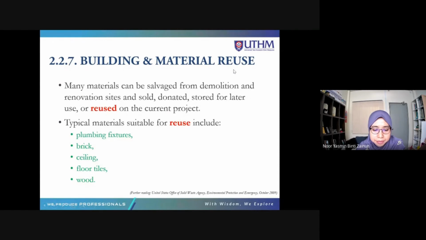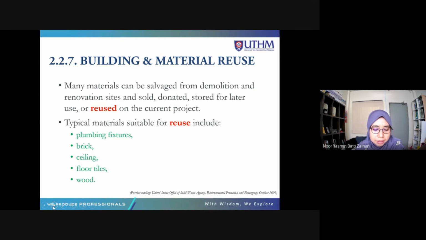Building and material reuse. Many materials can be salvaged from demolition and renovation sites and sold, donated, stored for later use or reused on the current project. So typically these materials that can be reused are plumbing fixtures, brick, ceilings, floor tiles, wood.